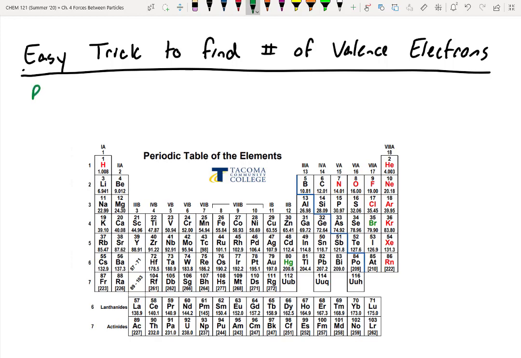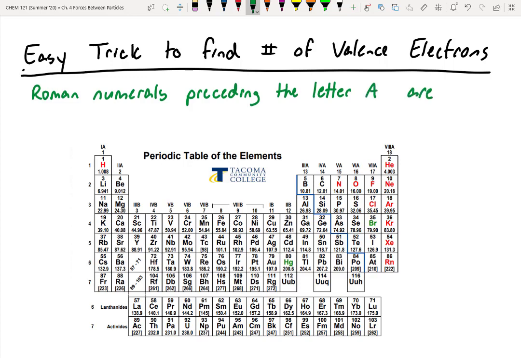What it says is the Roman numerals are used for groups, right? So the vertical columns preceding the letter A are the same as the number of valence electrons.